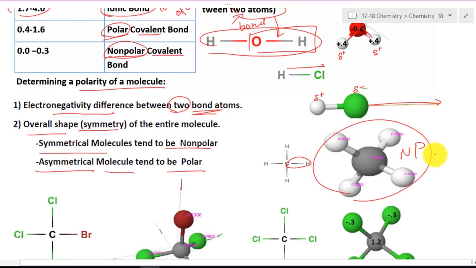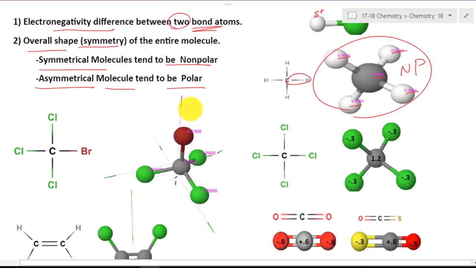NP represents nonpolar. And the 3D structure shows us that it has almost no charges at all, because the difference is so small. So it's pretty easy when you have a simple compound with only two atoms, or where the difference in electronegativity is small. We can easily identify if it's polar or nonpolar.